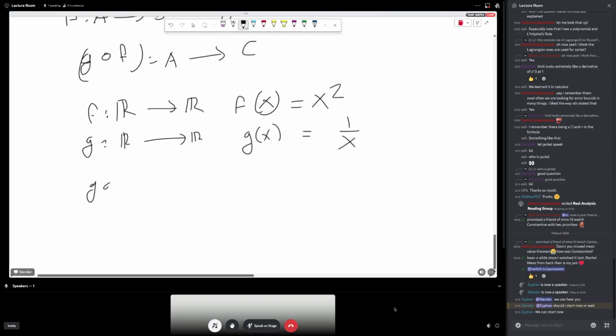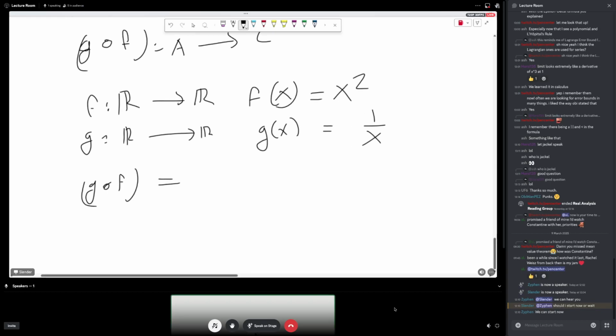So if we composite these two functions, when compositing the functions, we read from right to left. So we first apply f, then we apply g.